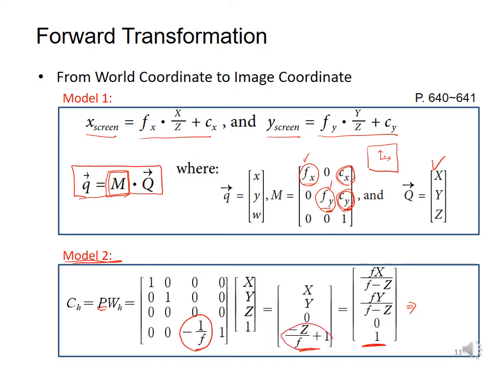So this divided by this, we get this number, and y divided by this, we get this number, and this divided by this results in 1. So these two matrices are the same. So this is xs, ys, 0, 1. So xs is like this, ys is this equation.